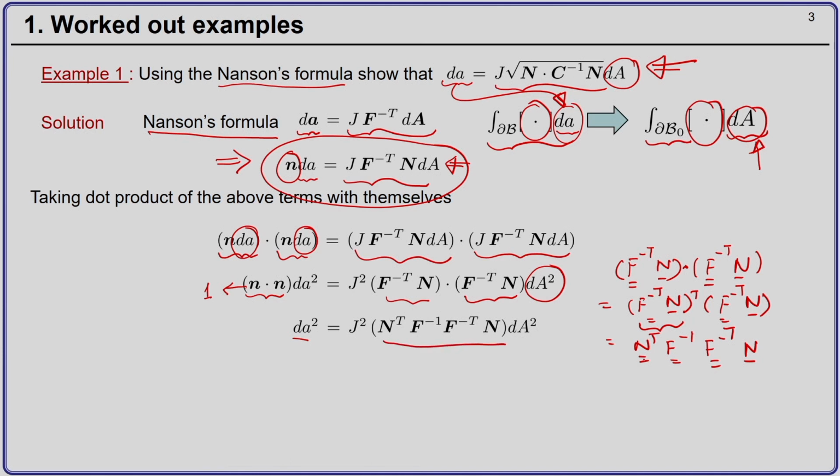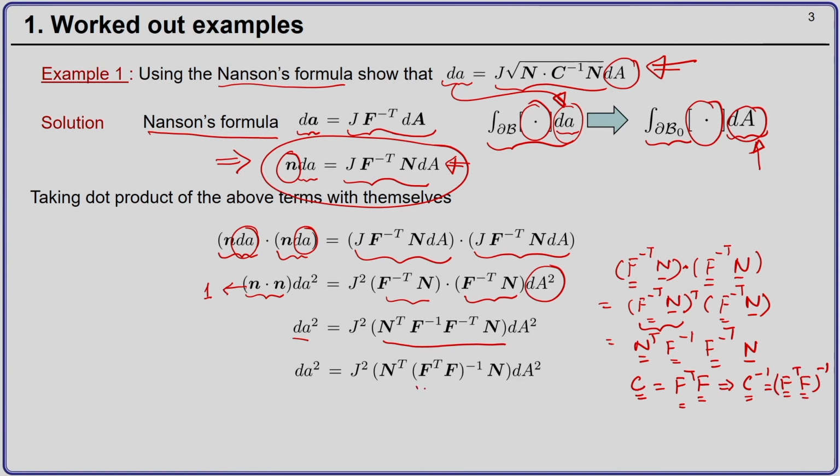Now, we notice that the right Cauchy-Green tensor is F transpose F. If we take the inverse, we get F transpose F inverse.